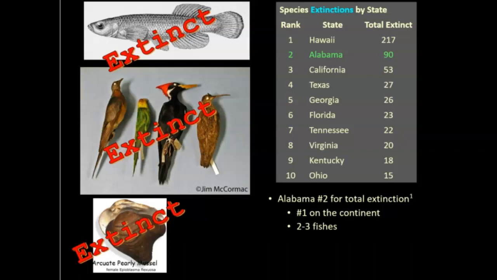We've lost 2 to 3 fish species, over 30 species of freshwater snail, and 11 species of mussel. In addition to these, we've lost 4 species of mollusks that have been extirpated from the state but survive somewhere else. And this is just, of course, for the freshwater species.